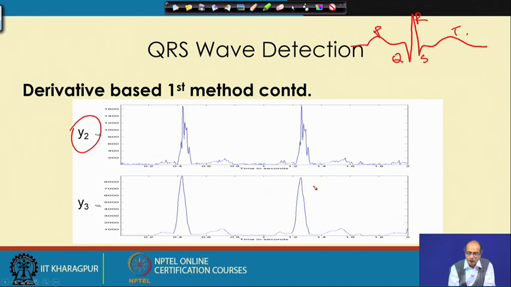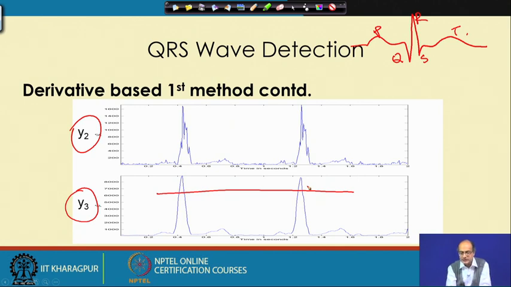So, what is done in this case is that it is passed again through that 8-point MA filter, and we get y3. You see now, after taking this averaging, all the jagged edges of the signal have got smoothed out, they merged into a single peak for each QRS complex, and now with the help of thresholding we can pick the point where the QRS complex is located.